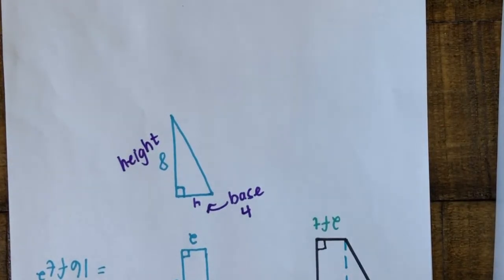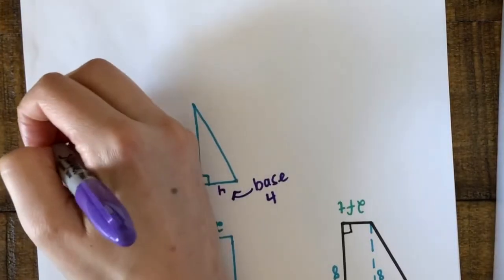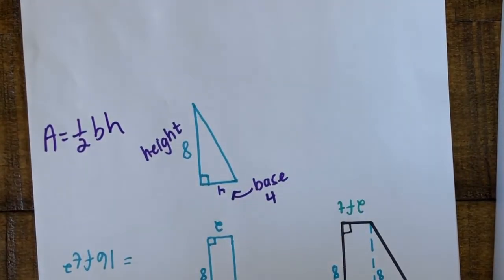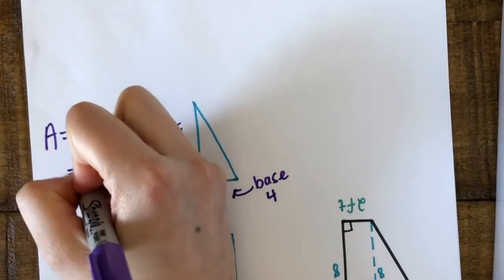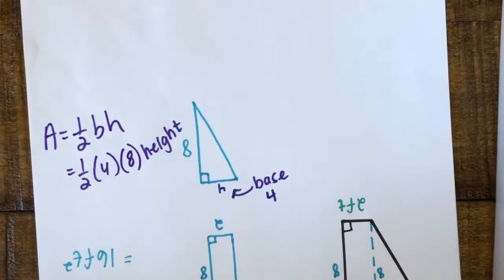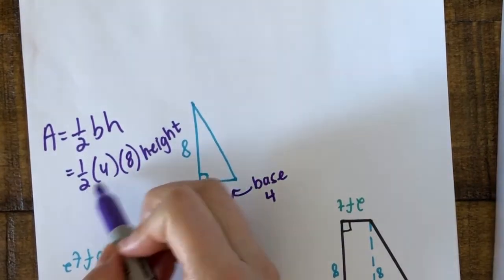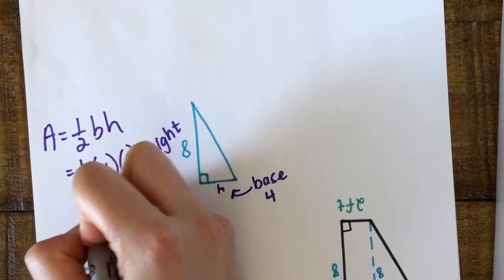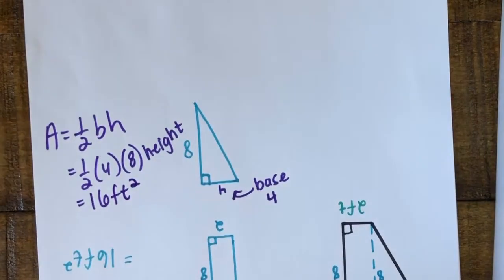So I'm going to use those as my values, and I'm going to do my work upside down here. So my triangle, the area is half the base times the height. My base was 4, so half of 4 times 8 for my height. Half of 4 is 2, and then times 8 is 16 square feet.